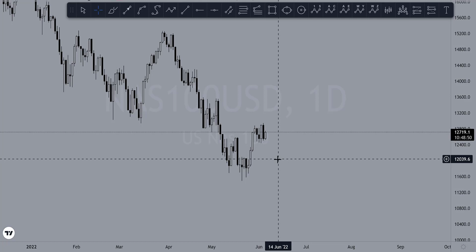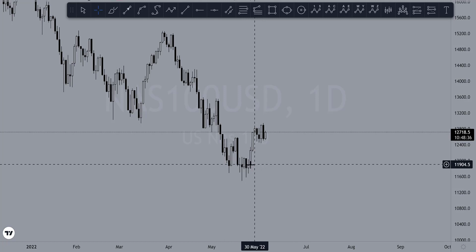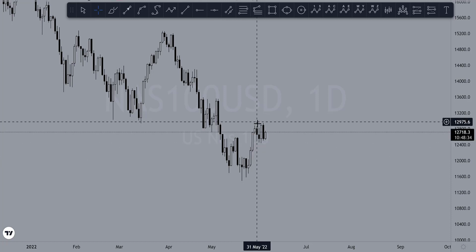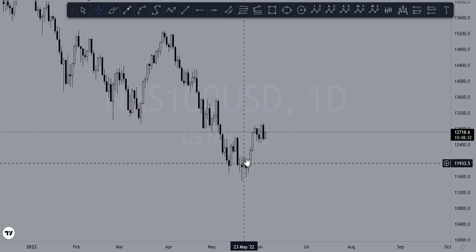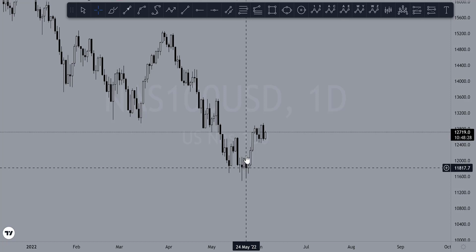But if you remember in the previous video, if you didn't watch the previous video on analysis, you might need to watch that so that everything is just a follow through and a continuation of what we already talked about. In the previous video we talked about this impulse here in relation to the point of interest where it began. Here we have an order block that you are seeing there.